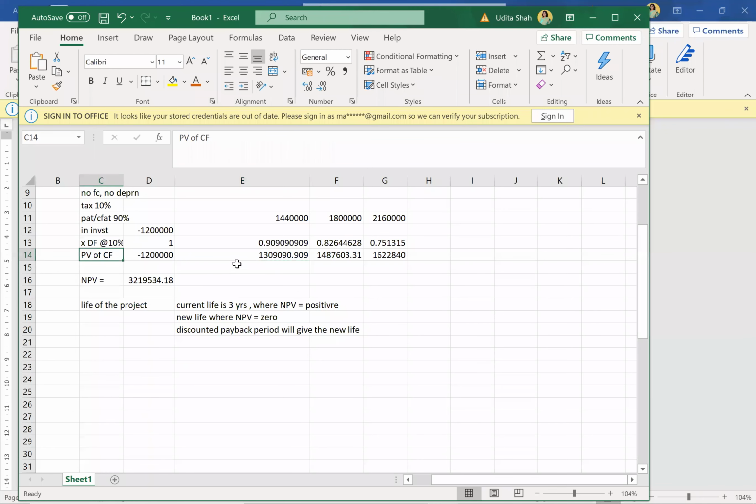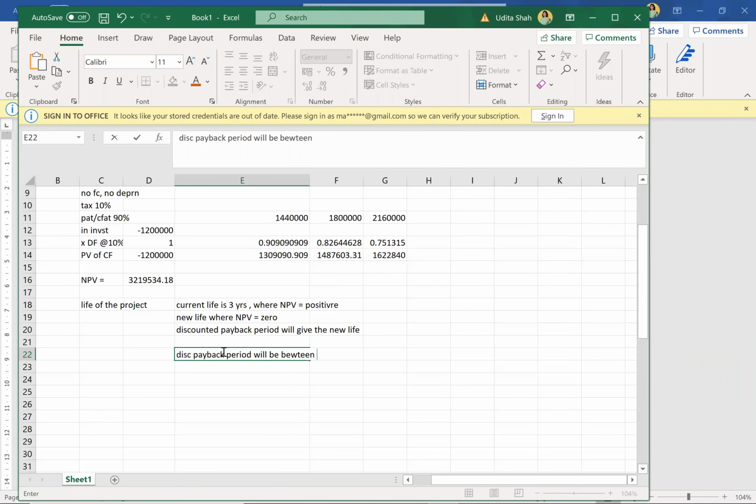So we can use these now. Year one, how much? Year one is 1.3 million. And I wanted to recover how much? I only wanted to recover 1.2 million. So discounted payback period will be between what? Between year 0 and 1, right?